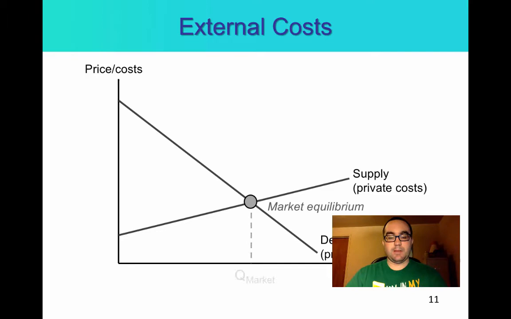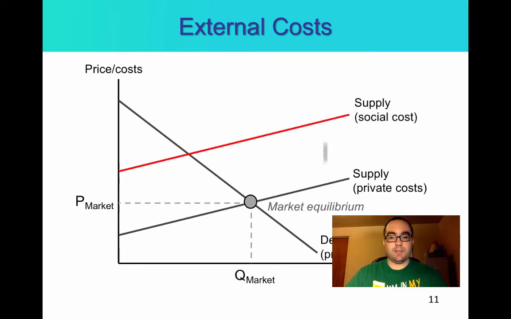Okay, so when we look at this chart, let's say we started at the original gray line here. This is where our normal equilibrium would be. Now, since we have this new supply curve that implies the social cost of something, we find that this area right here is actually inefficient when we really look at these costs.